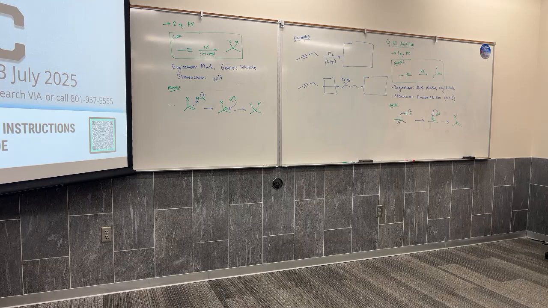And to go from 2-pentyne to 2,2-dibromopentane, can you give me the reagents and the missing product?